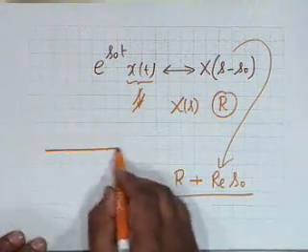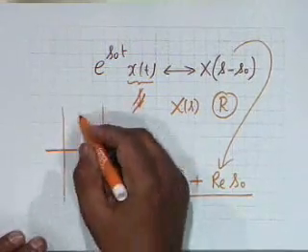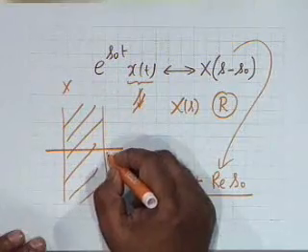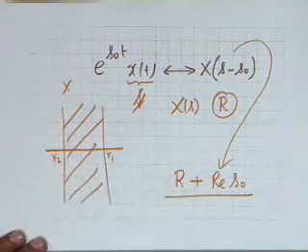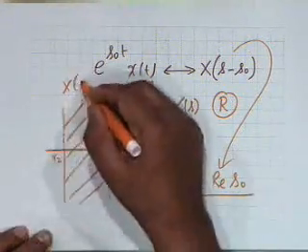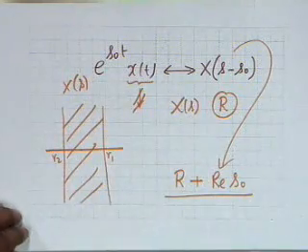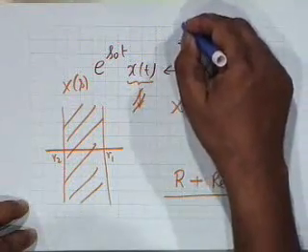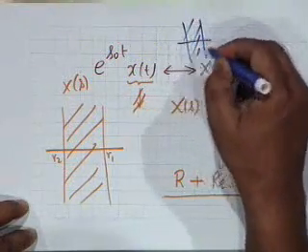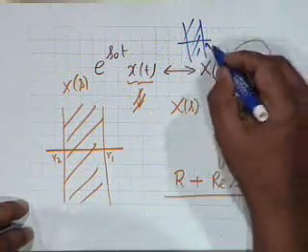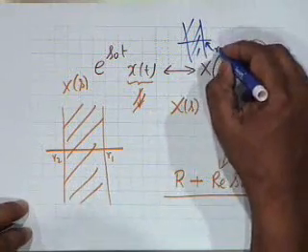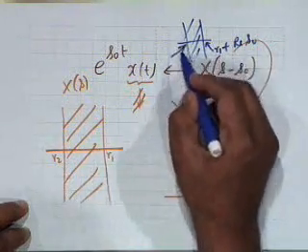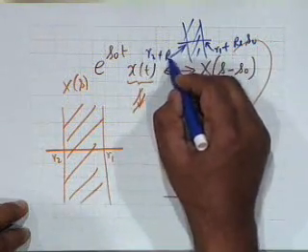What it means is the following: if the ROC of x of s is, let us say, bounded by sigma equal to R1 to sigma equal to R2, then the ROC of x of s minus s naught shall be the same, except that the bounding regions become R1 plus real part of s naught, and R2 plus real part of s naught.